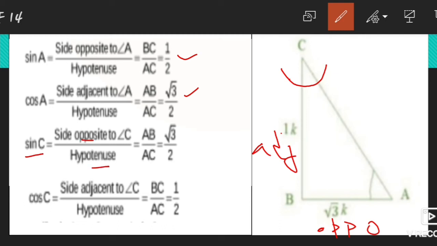Now the opposite side is AB, right? So AB by hypotenuse, AB by AC. So it will be root 3 by 2. Similarly, cos C is equal to adjacent by hypotenuse, that is BC by AC, which is equal to half. So you got the 4 values of sin A, cos A, sin C and cos C.